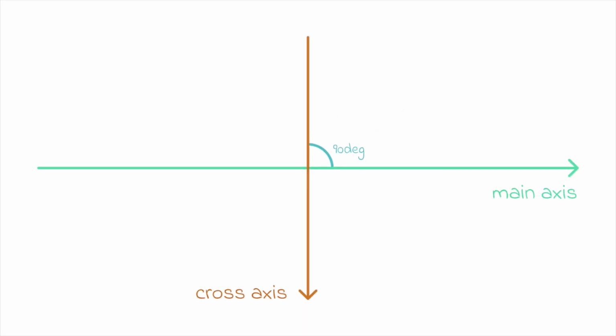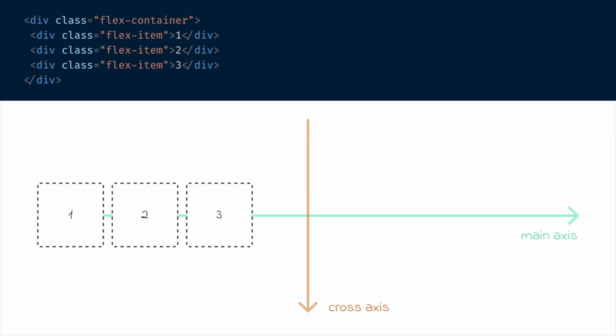Flexbox is a one-dimensional layout model that uses 2 axes, a main and a cross axis. Flex items are laid out on the main axis, and the cross axis is always perpendicular to this. Now, the order in which these items are laid out by default is the order of the source code, as you can see in this example.